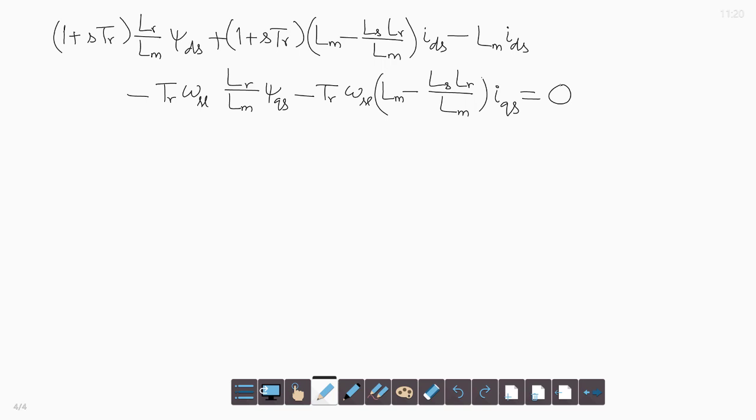So, we have used the equations and replaced psi dr and psi qr in equations 3 and 4.